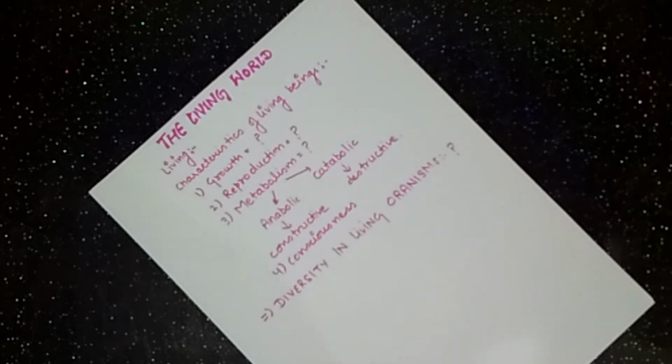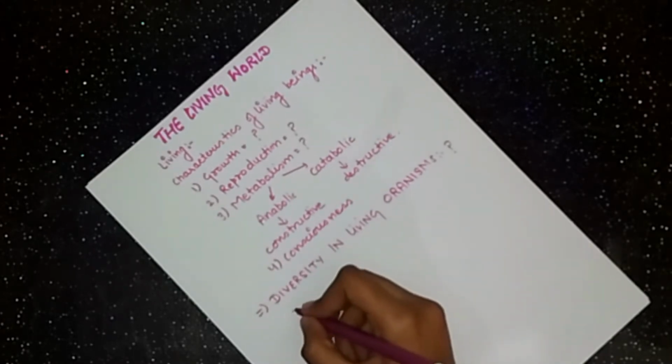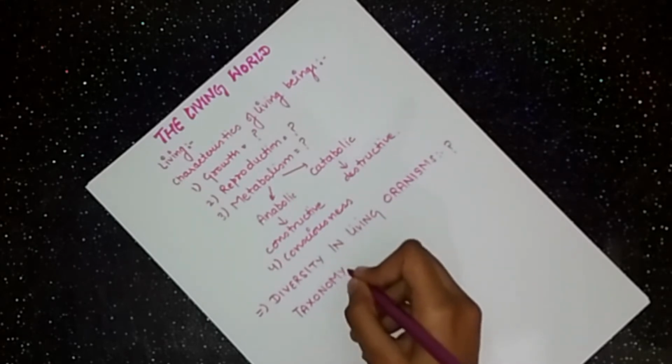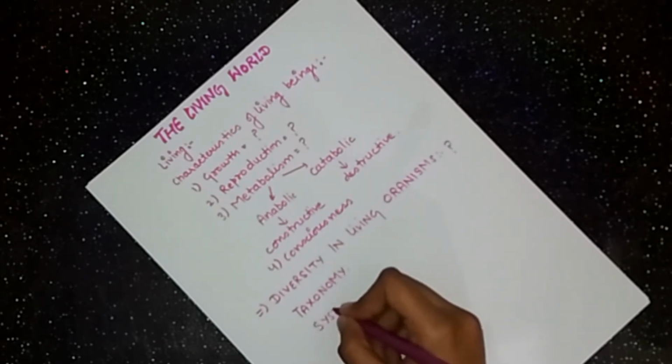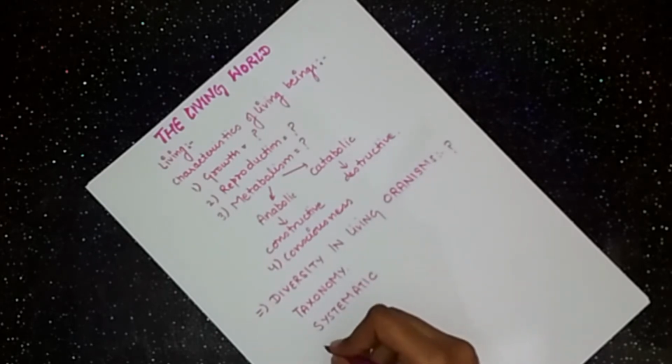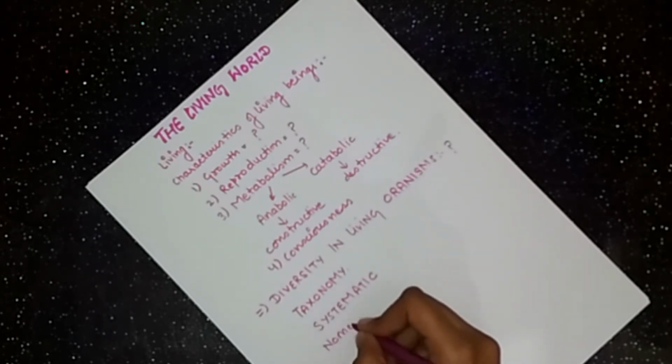After that, a few terms I am discussing here: first one is taxonomy, systematics, and some about nomenclature.